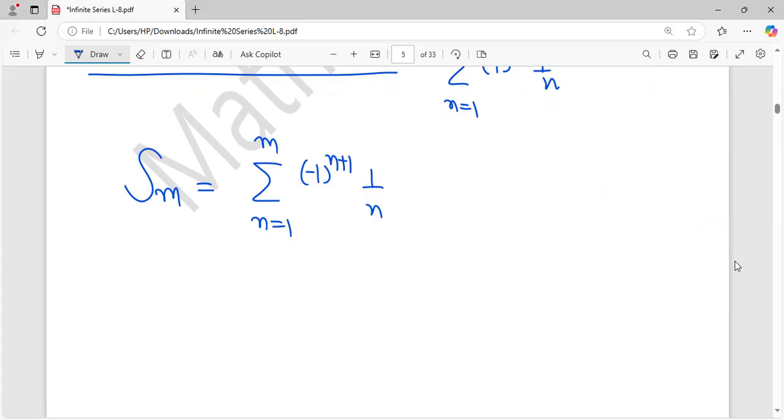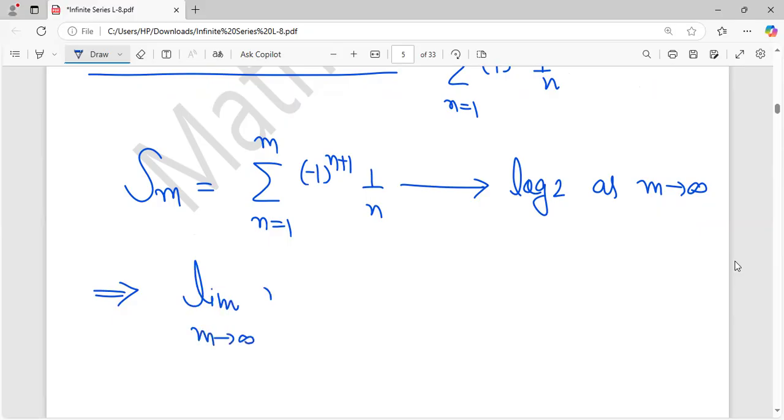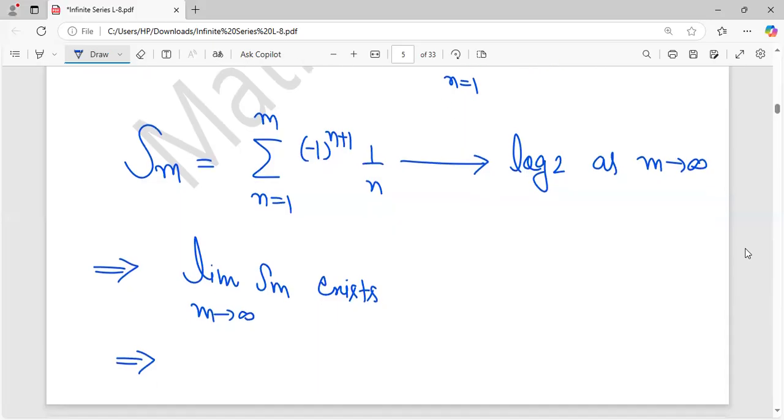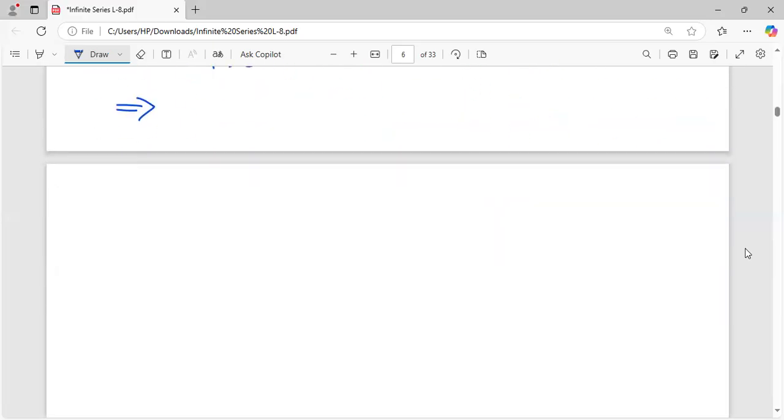Now this tends to log 2 as m tends to infinity. So this implies this series, minus 1 to the power n plus 1 upon n, is convergent.